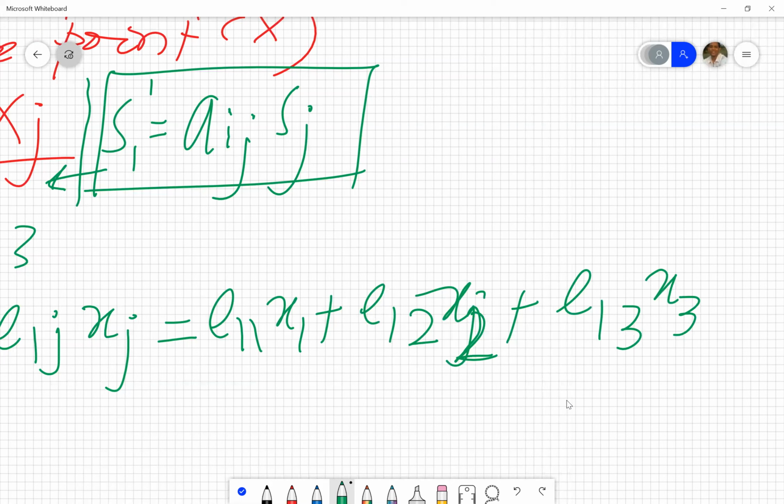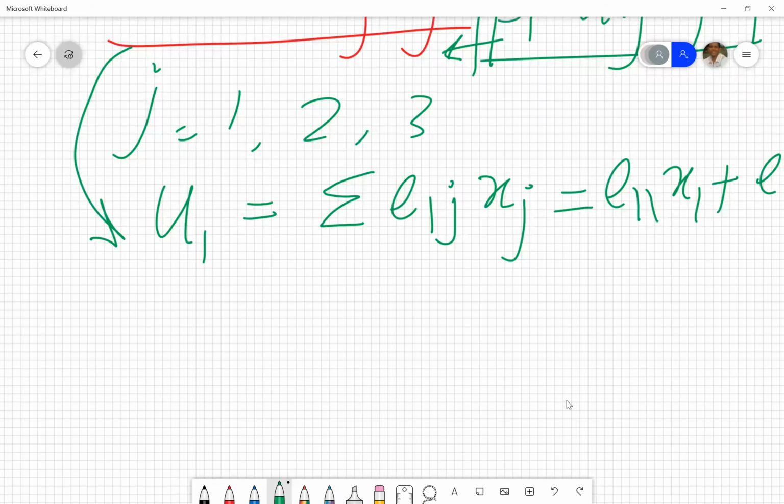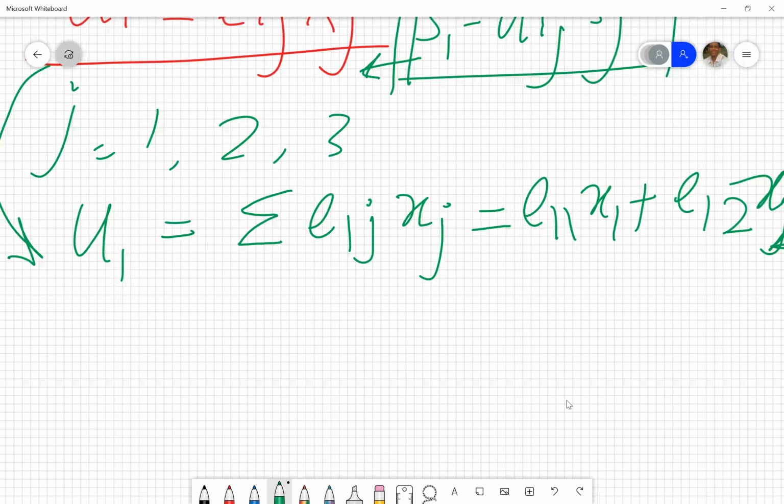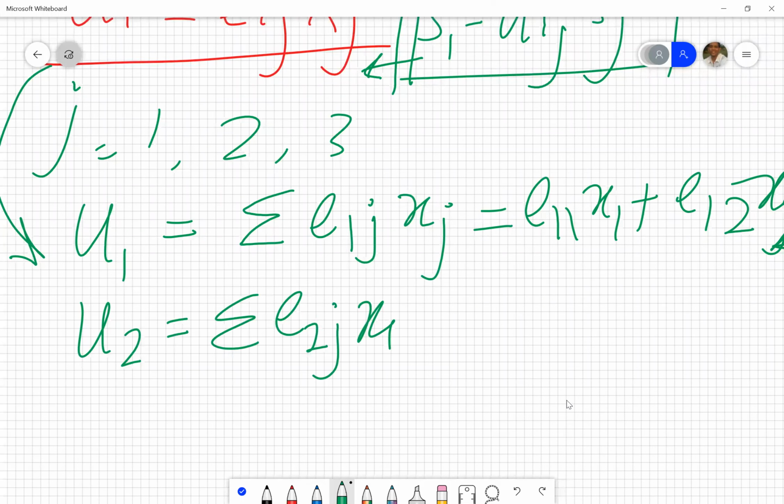Similarly, we write u2, that means i equals 2. The equation will be e2j xj.